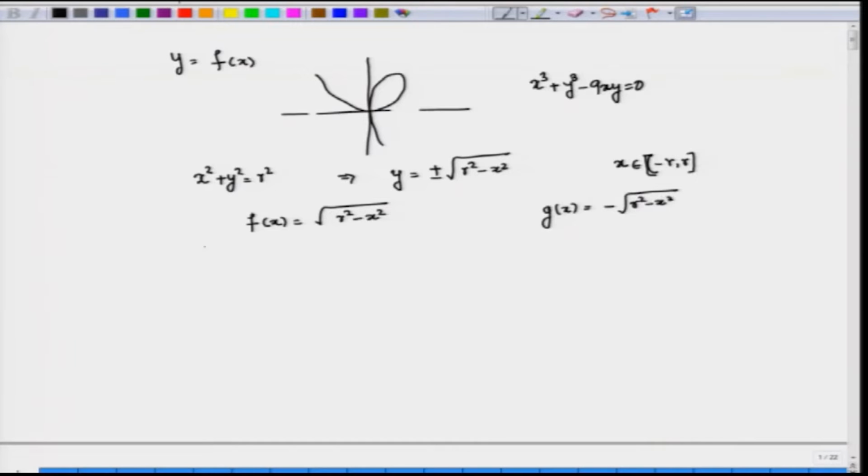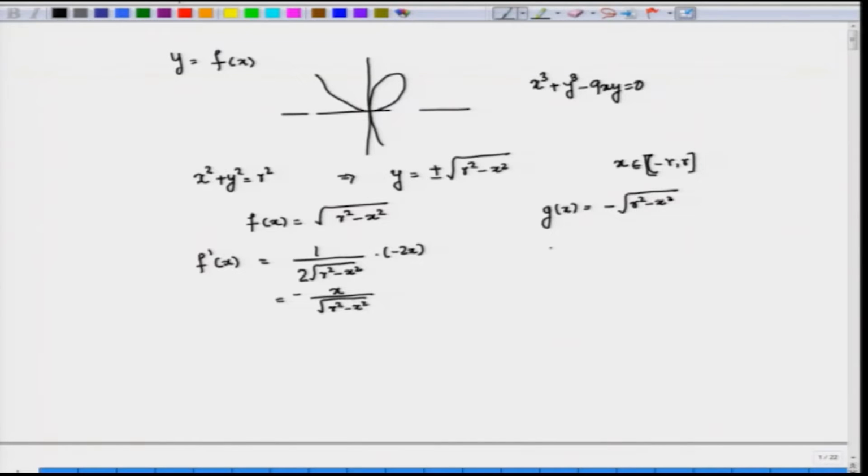Now, if we calculate f prime of x, then by chain rule, this is 1 by 2 square root of r square minus x square into minus 2x, which is equal to minus x by square root of r square minus x square.